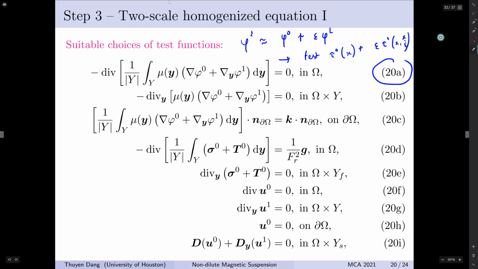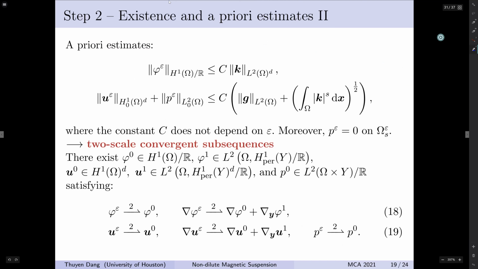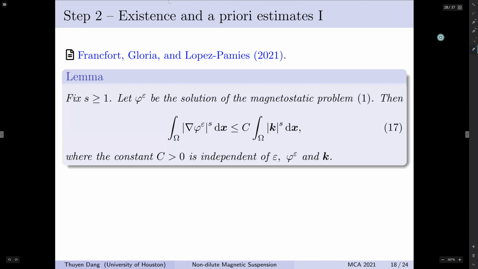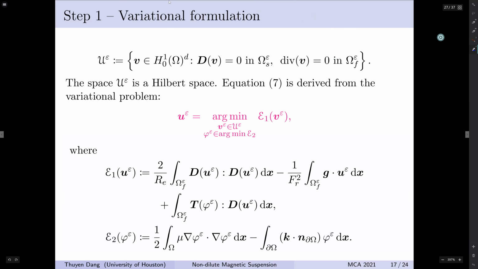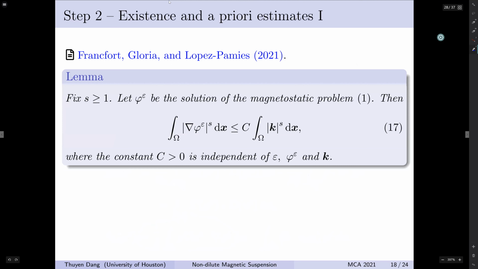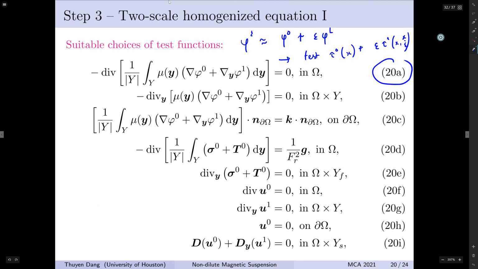If you use this test function and combine it with this convergence, and then plug back into the energy functional here, then you will obtain our first equation right here.